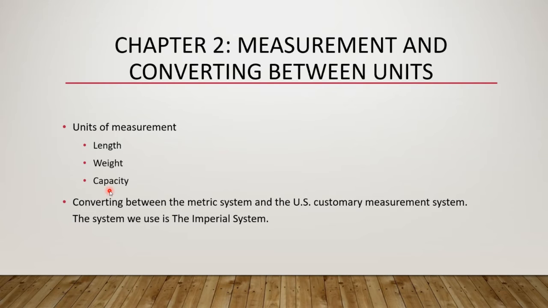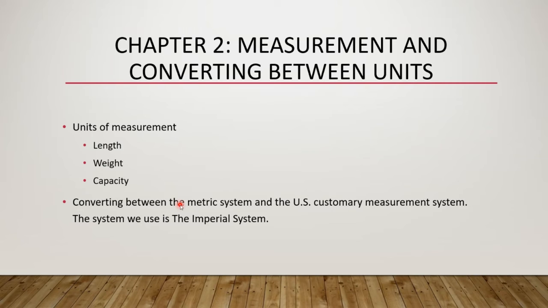It's very similar to volume, but not quite the same thing. Length, we actually saw some units already: centimeters, meters, feet. For weight, we'll see mostly pounds or kilograms. I don't remember what the units for capacity are, but we will see them later on, probably not today.